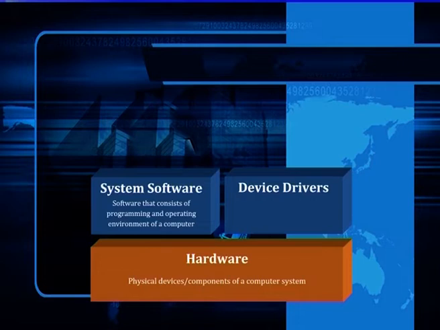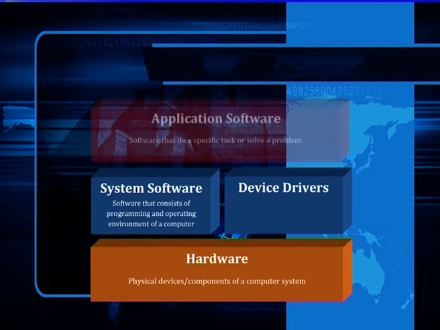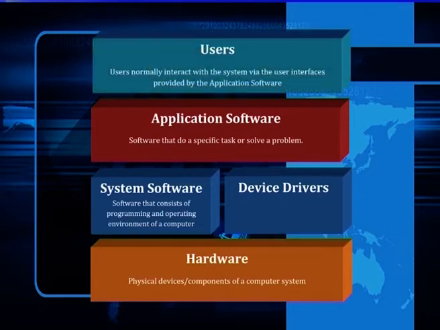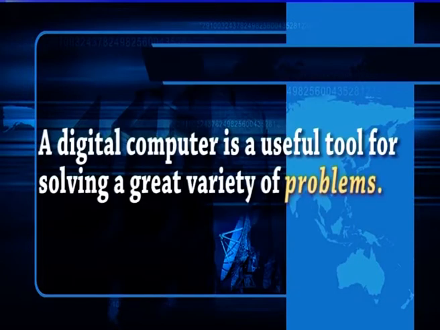These layers hide the hardware details of the computer from application programmers and coordinate the operations of various hardware devices of the computer system. The layer above the system software is the application software, which consists of a wide range of application software. The topmost layer is the user layer, which consists of the user interfaces provided by the application software.